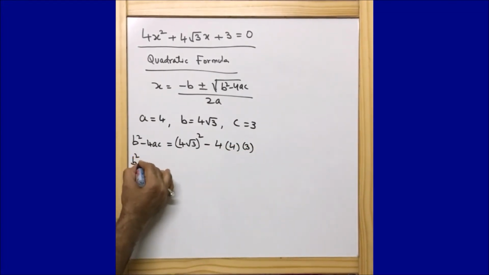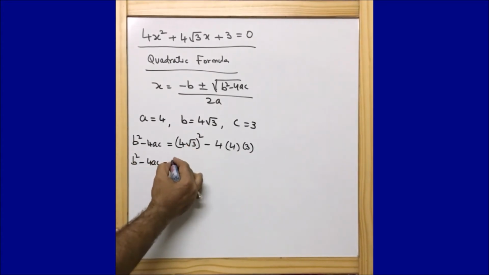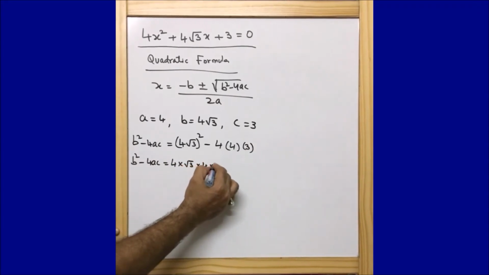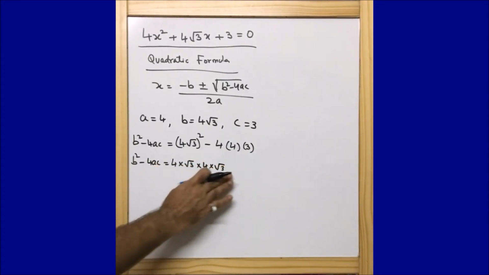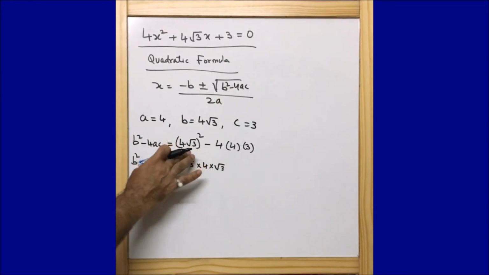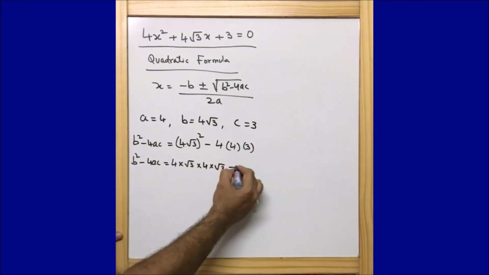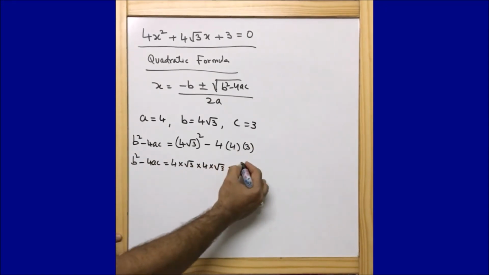So I can write b square minus 4ac is equal to 4 root 3 square, which we can write as 4 into root 3 into 4 into root 3. Guys, in the exam, if you get confused, just write down the things like this, instead of directly calculating 4 into 3, so that it will not cause any confusion. Minus 4 into 4 into 3, which is 48.